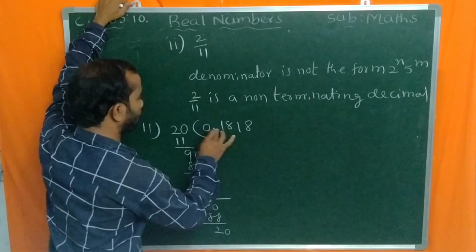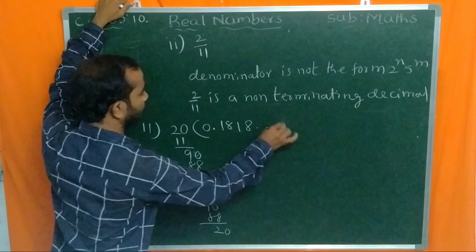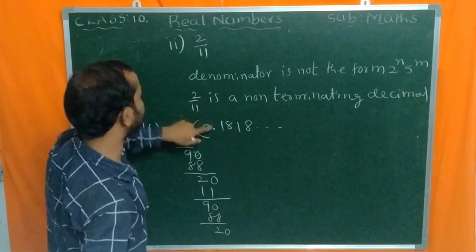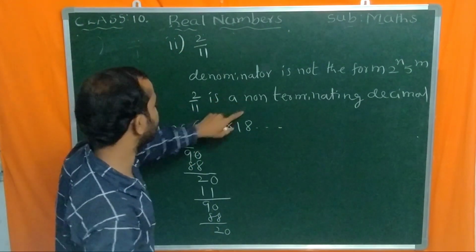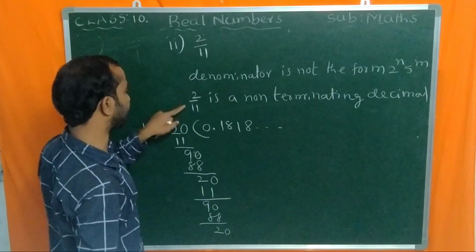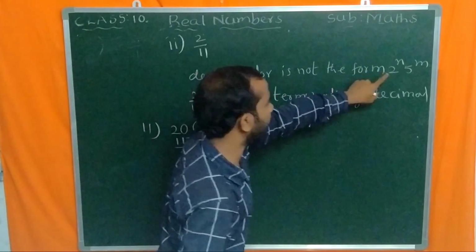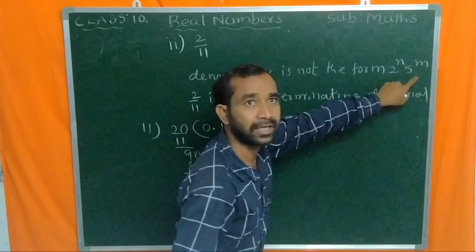Continue this: 0.1818... So this is a non-terminating decimal. Why? Because the denominator cannot be written as 2 to the power of n and 5 to the power of m.